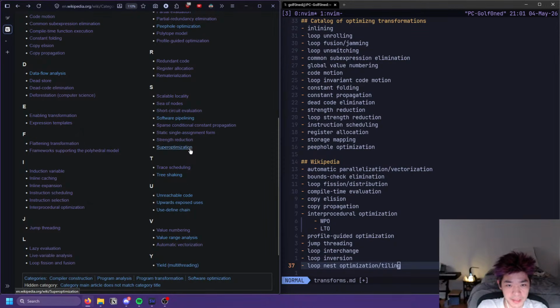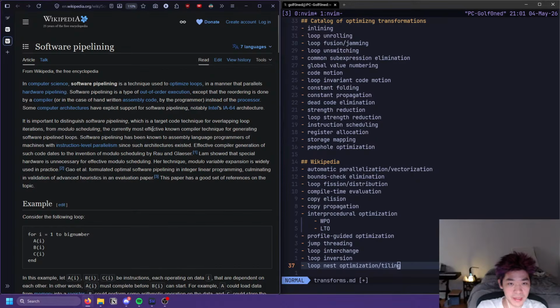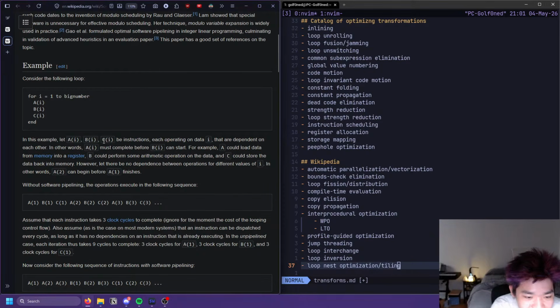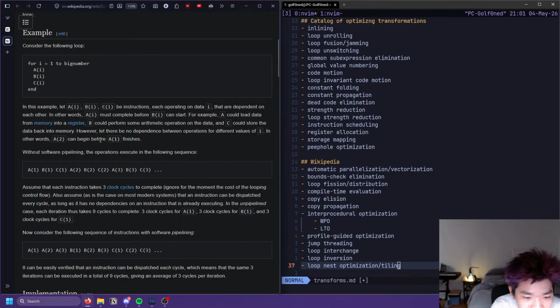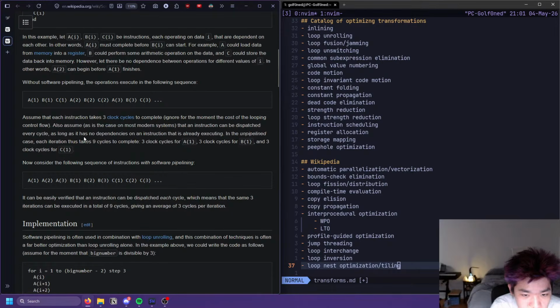What else is there here? What is super optimization? Optimal. Okay, sure. That's great. Software pipelining. Wait, what? Oh, interesting. I guess that makes sense.